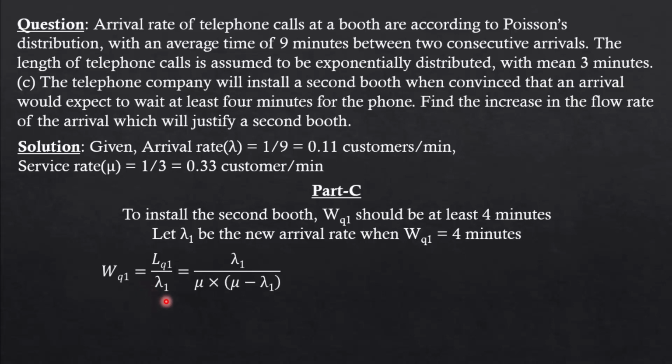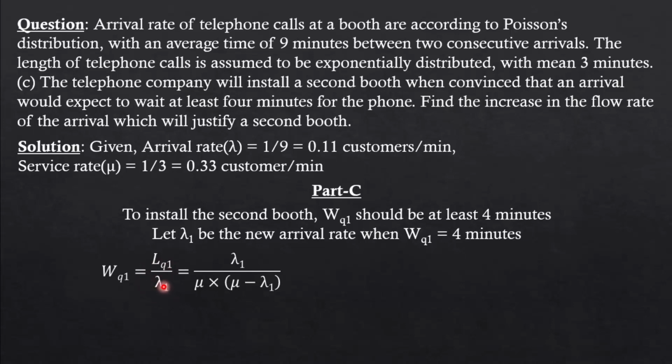So once we understand that here lambda 1 is going to be different, then obviously the value of LQ1 will be different from the one we have calculated previously. That's why I have put the subscript 1 here. So the waiting time here is WQ1 and the length of queue here is LQ1 for the new arrival rate lambda 1.